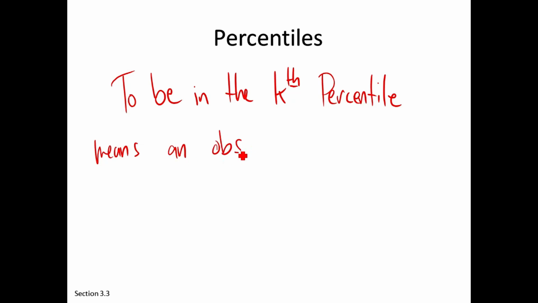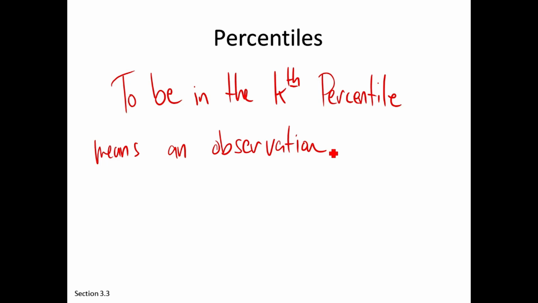If you're in the 80th percentile, what does that mean? You're among 80% of the sample? You're actually among 100% of the sample. You're above. Yes, you're above 80% of the sample.